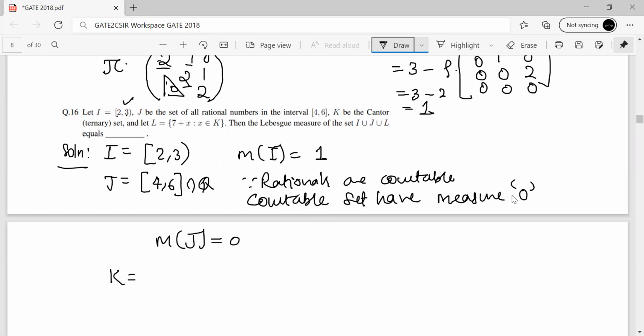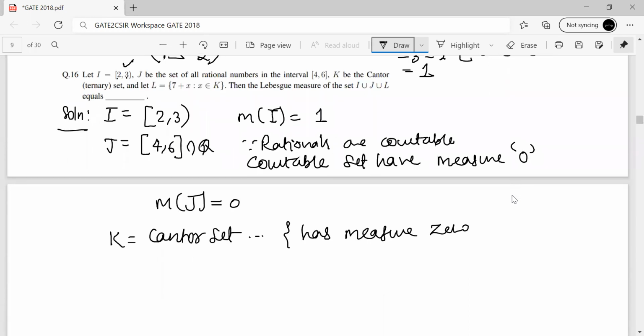And K is the Cantor set, and the Cantor set again has measure 0. Though it is uncountable, countable sets have measure 0, but if a set has measure 0, that does not imply that the set is countable.